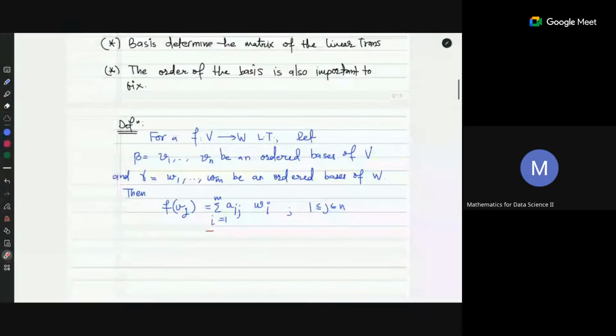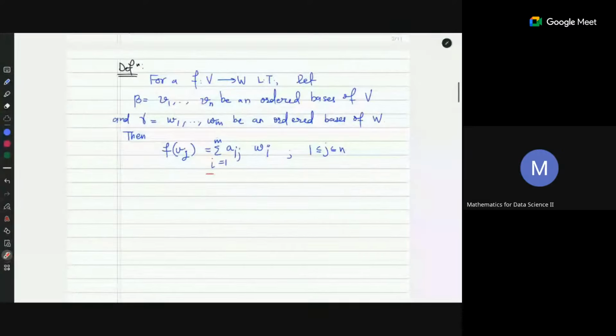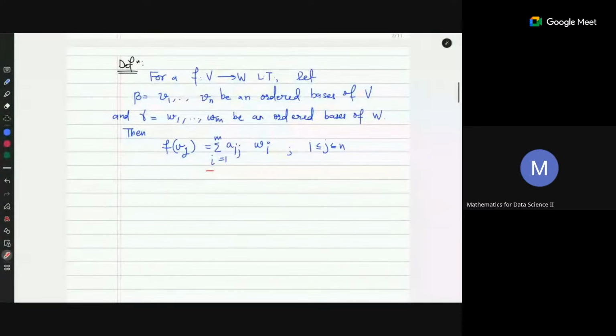Let's do the generalization. Suppose you have a function from vector space V to W, and it is a linear map, where V and W are vector spaces. Suppose the dimension of V is n and the dimension of W is m. What does this mean?